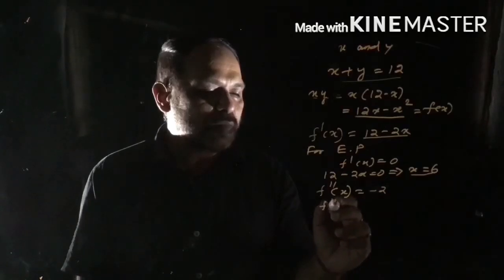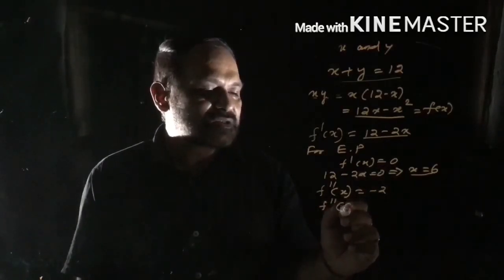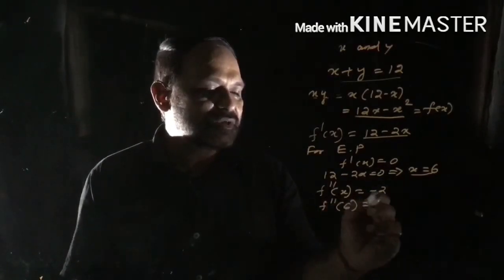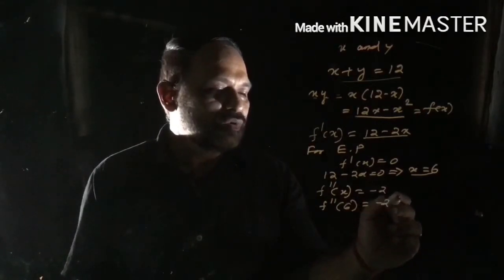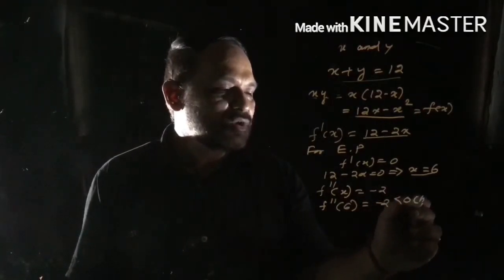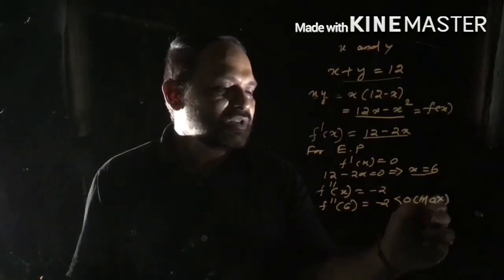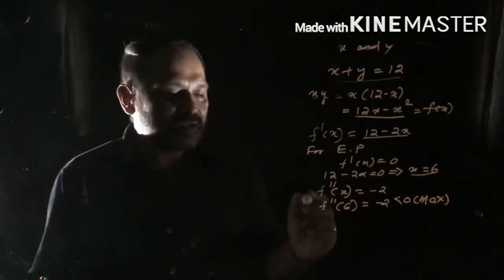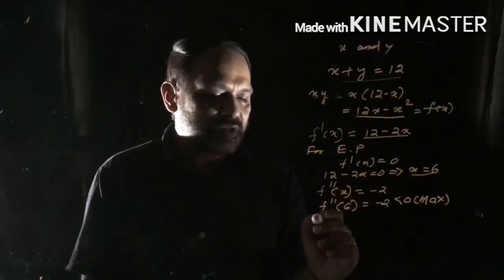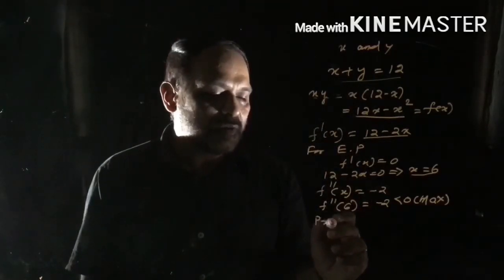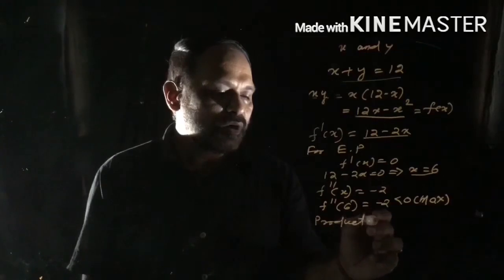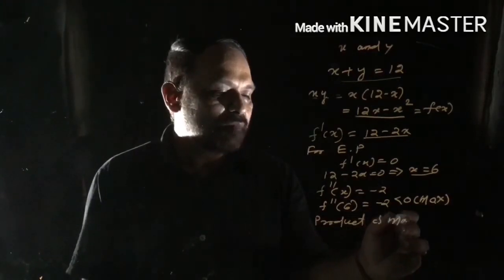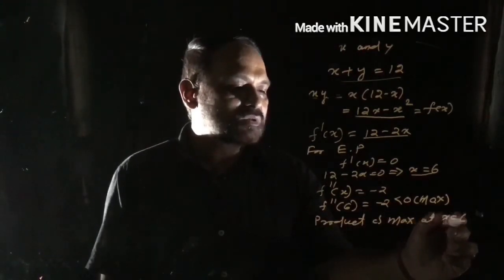Then put the value of the extremum point at x. f''(6) = -2, which is less than 0. Less than 0 means the function is maximum at that extremum point. Therefore, in this question, the product is maximum at x = 6.